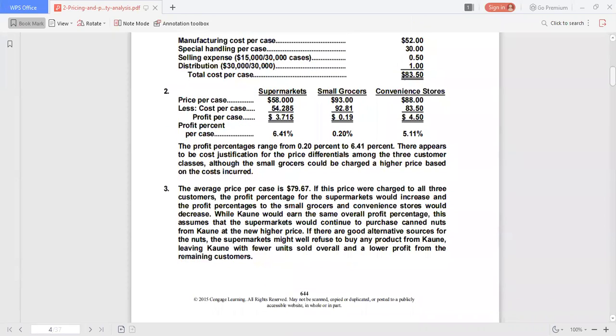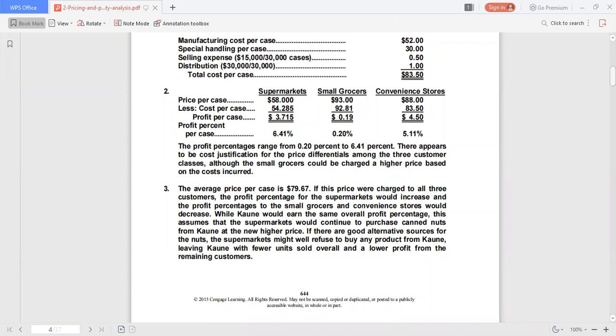Now, that gives us the solution for problem number 2. Next, we go to exercises 3 and 4, which are related to only one problem. Only that number 3 requires the use of absorption costing.